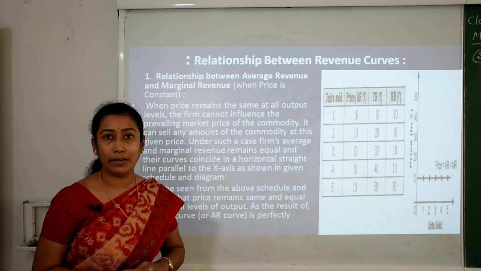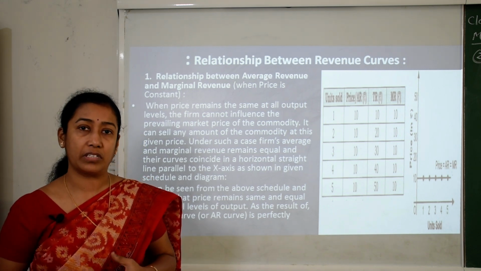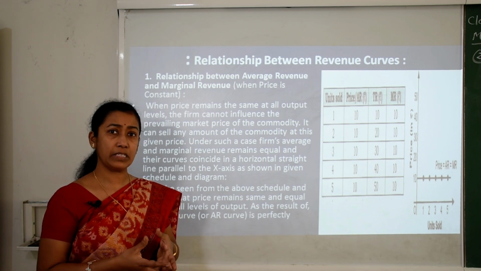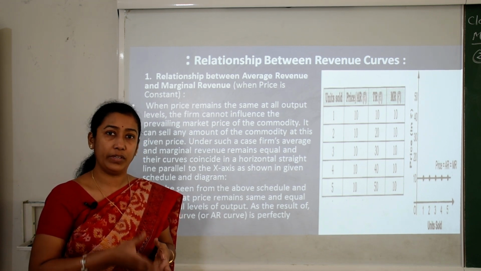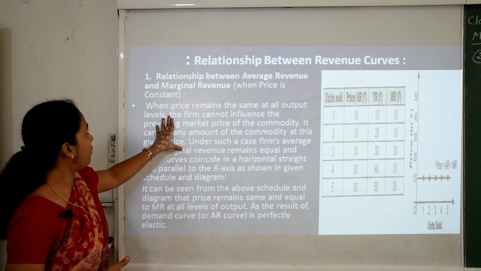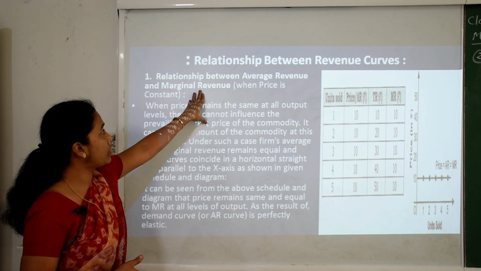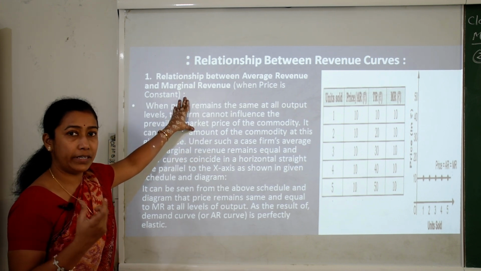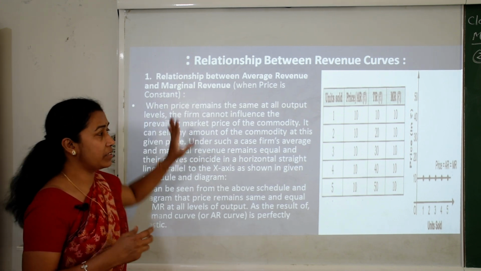Now, let us understand all three concepts of average revenue, marginal revenue and total revenue as a relationship. What is the relationship between the schedule, the curves and the concept? The first relationship is between average revenue and marginal revenue, under the condition that price is constant.